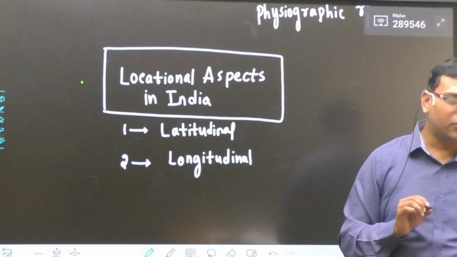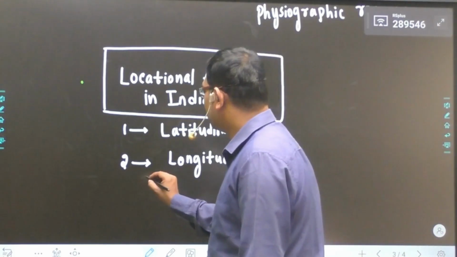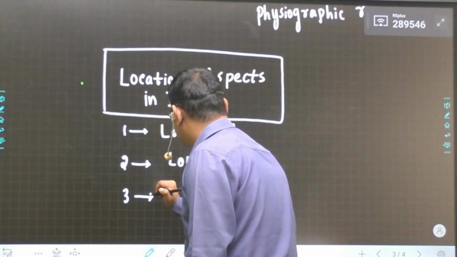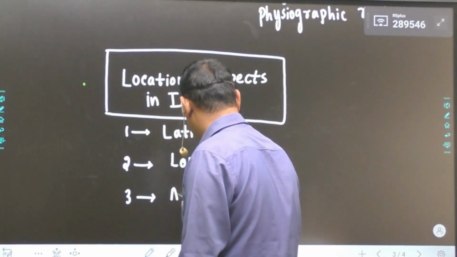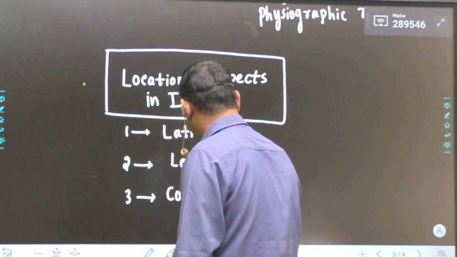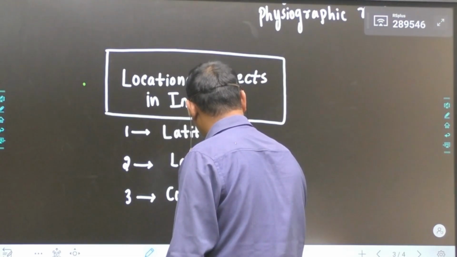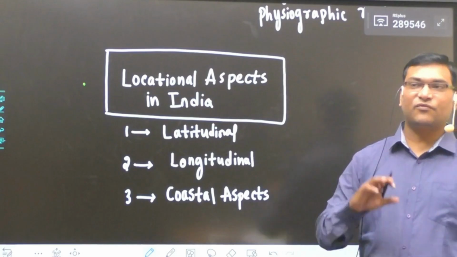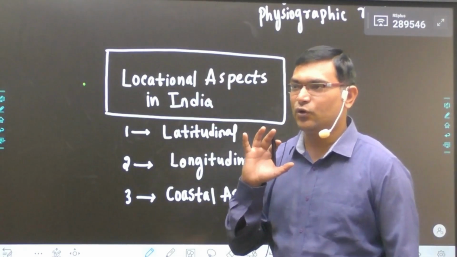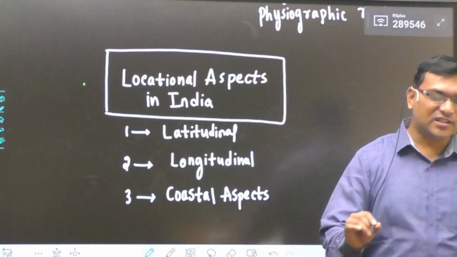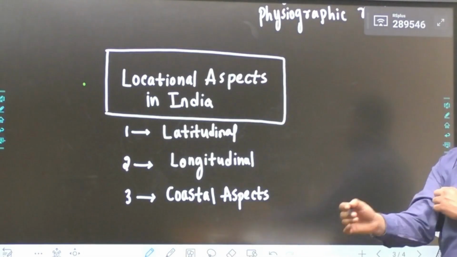Then the third one will be the coastal aspects. So from these three angles we are going to see the location of India.